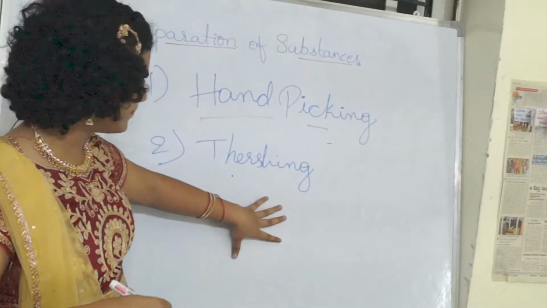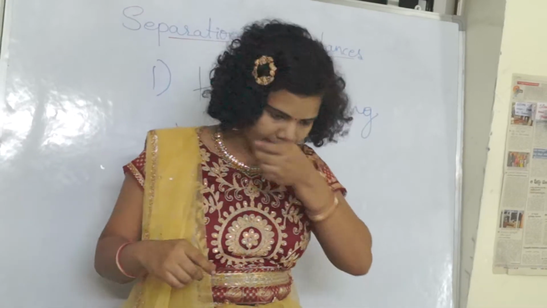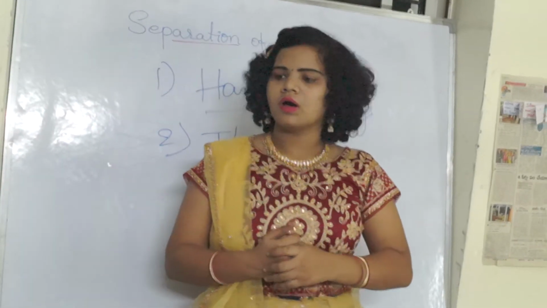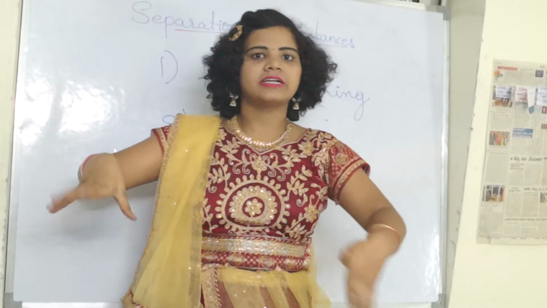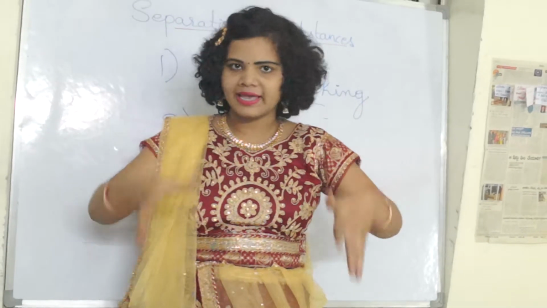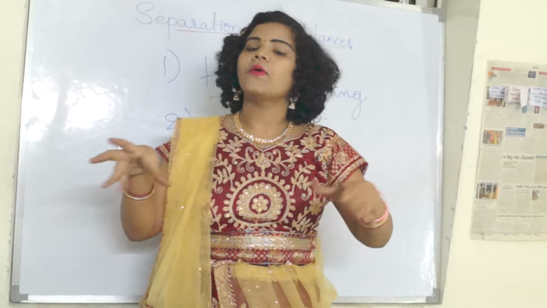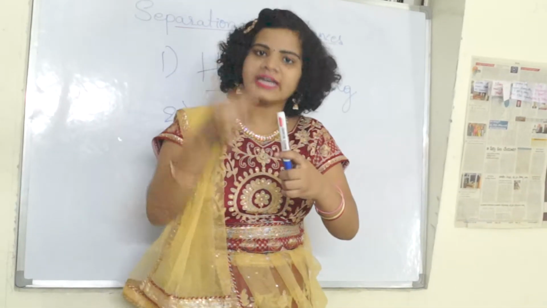So for this threshing method, you must have seen fields, right? Inside the fields you have a number of stalks lying on the ground. Each stalk has a number of grains in it, more than thousands of grains.